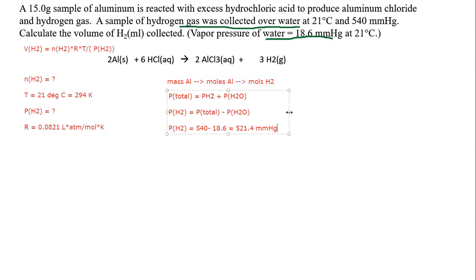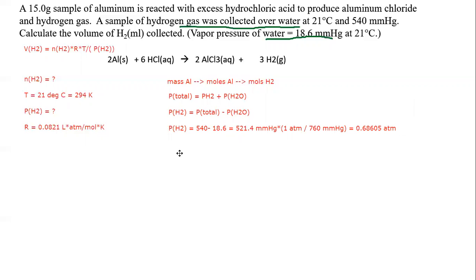So now that we have that, we can convert it to atmospheres. And so that's the partial pressure of hydrogen that was produced.